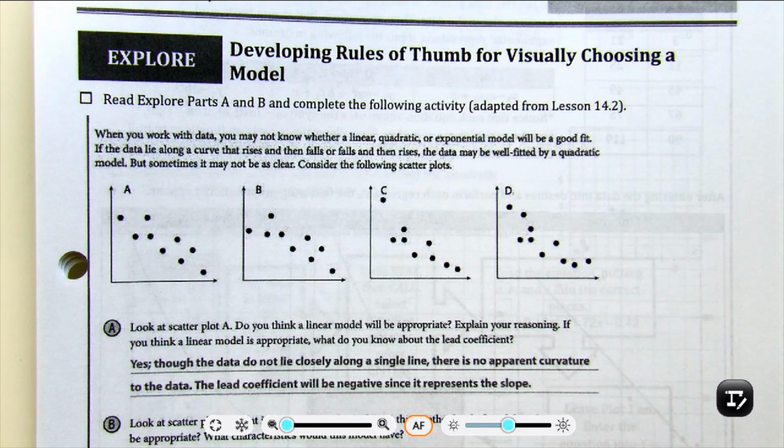So we have to do some statistical analysis, but sometimes we can see what the data produces. Look at these graphs, which one do you think looks like a linear function?